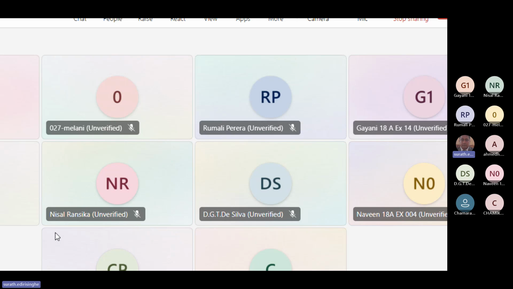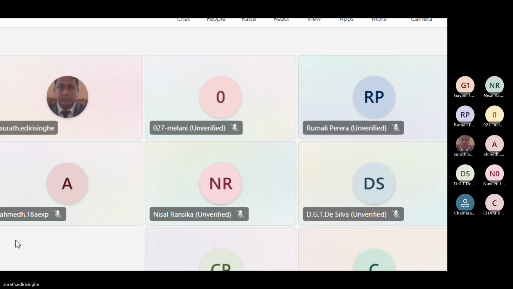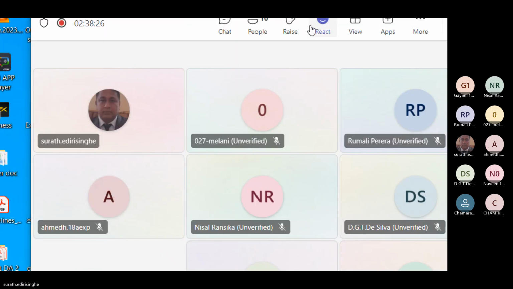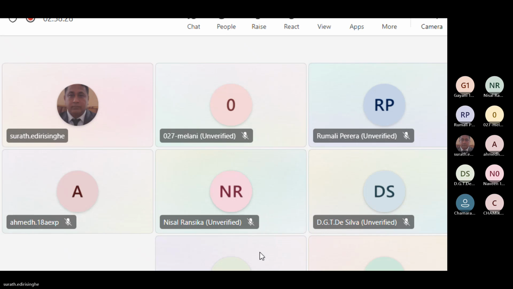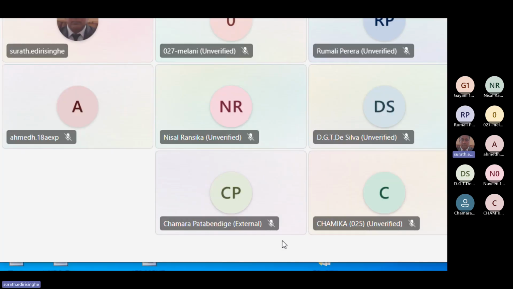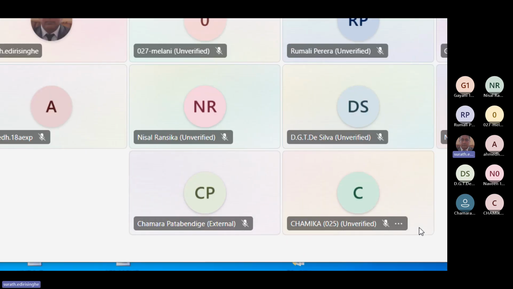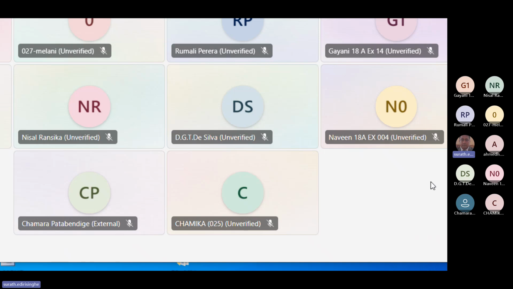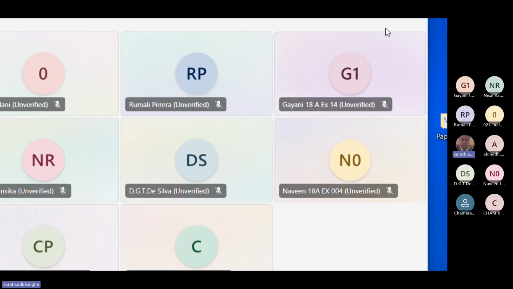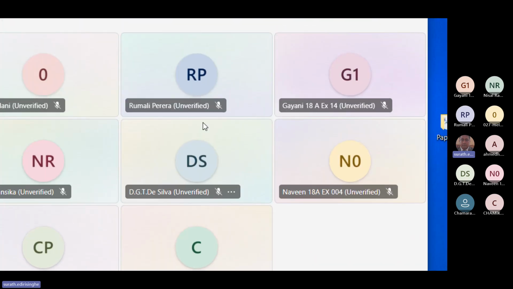Nisal? Ahmad is there. Chamada, Chamika. Now resigned, leaving by Jivanta, no? Right. Gumali? Yes, sir. You understood the way.